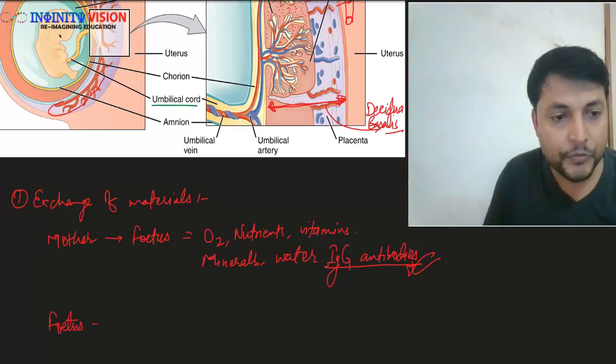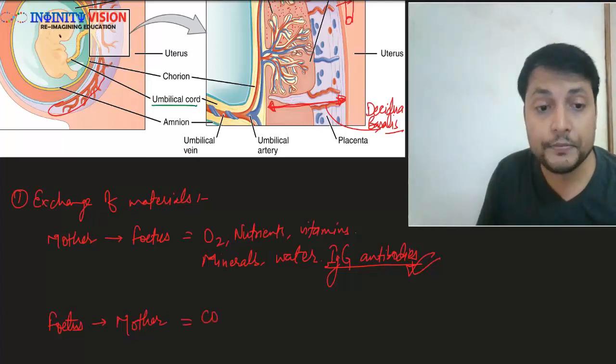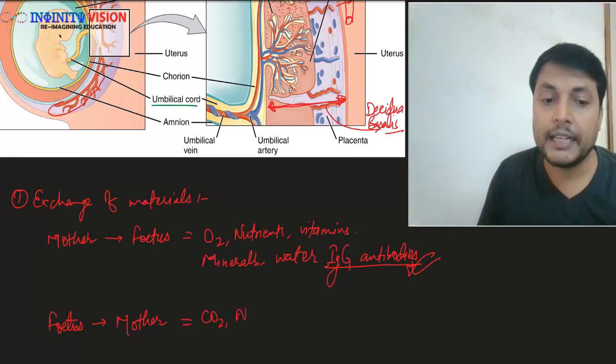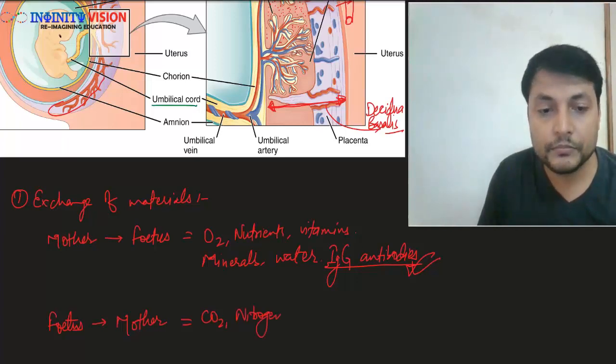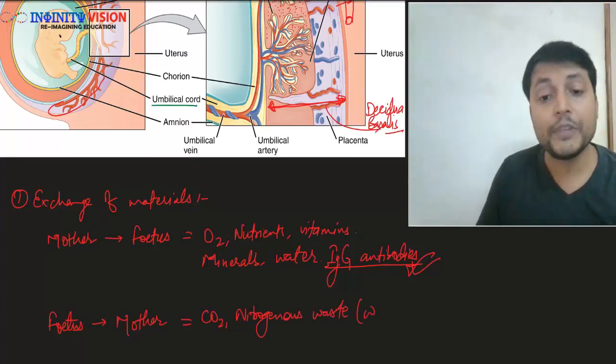From fetus to mother, किसका exchange होगा? The exchange of CO2 waste product, CO2, as well as nitrogenous waste, that is mainly यहाँ पे क्या होगा? यूरिया.